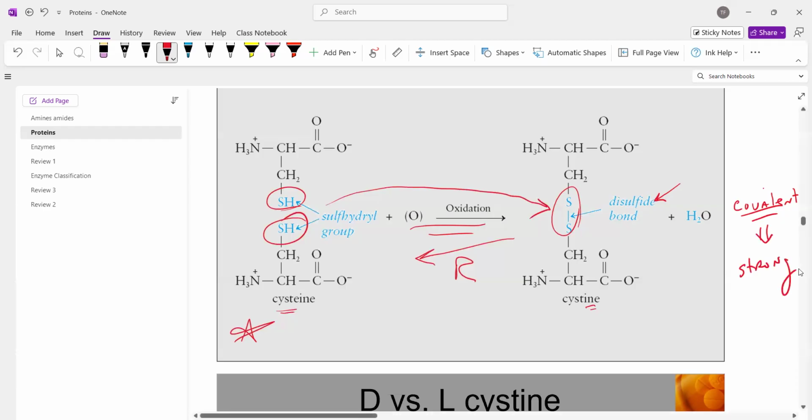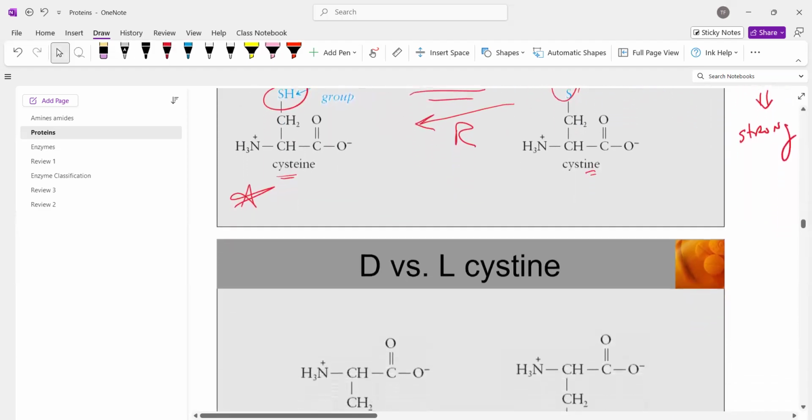Hence, they're very strong. That's why you can wash your hair all you want and it's still curly. Wash your hair all you want and it's still straight because you have not broken the cross links of the cysteine amino acid unless you get a perm. Perms change all this, and that's why they are permanent.